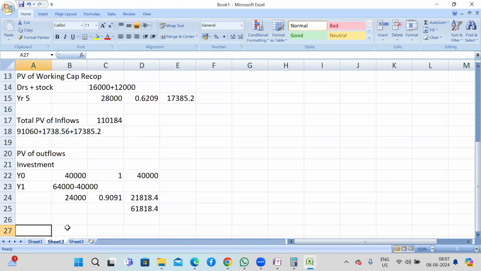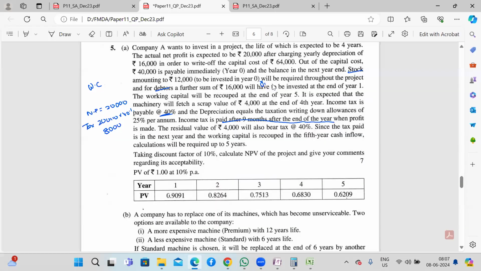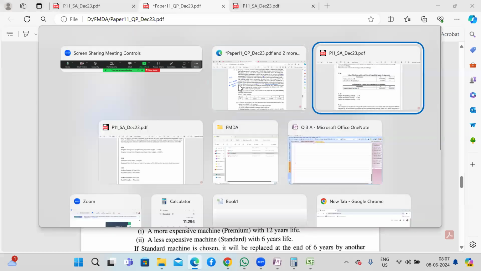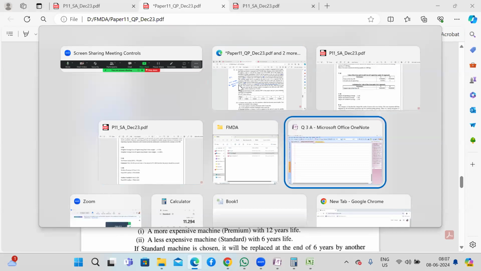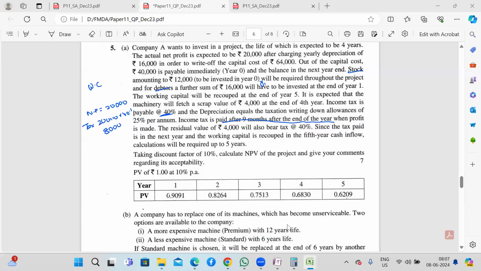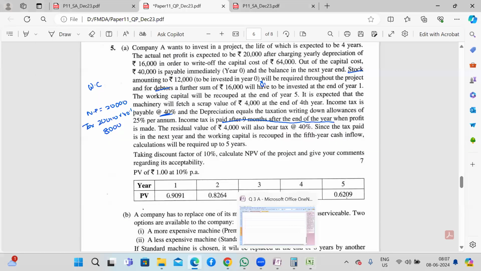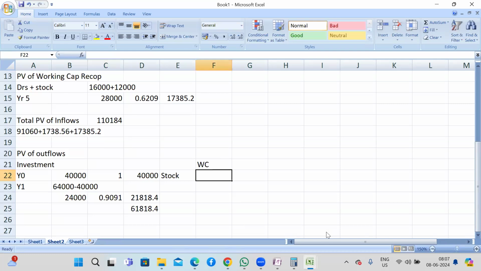Then we have working capital, right? Working capital: the stock will be contributed in year 0, that is 12,000, at the beginning of the year.